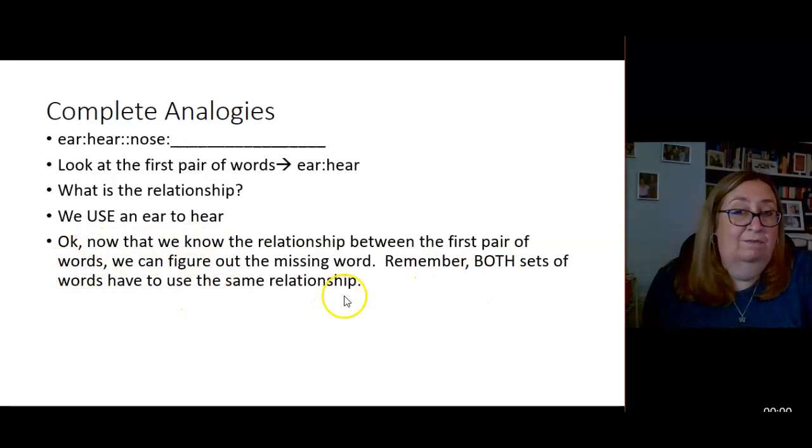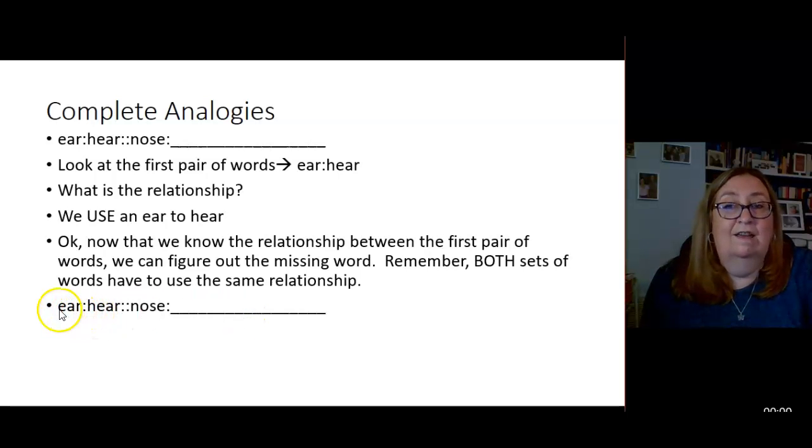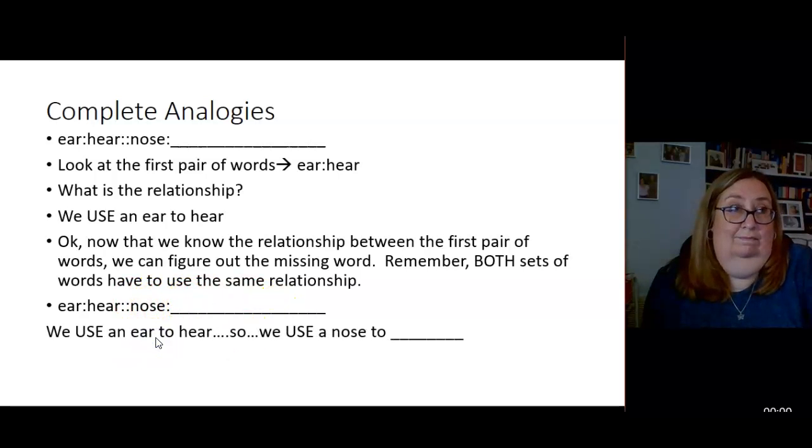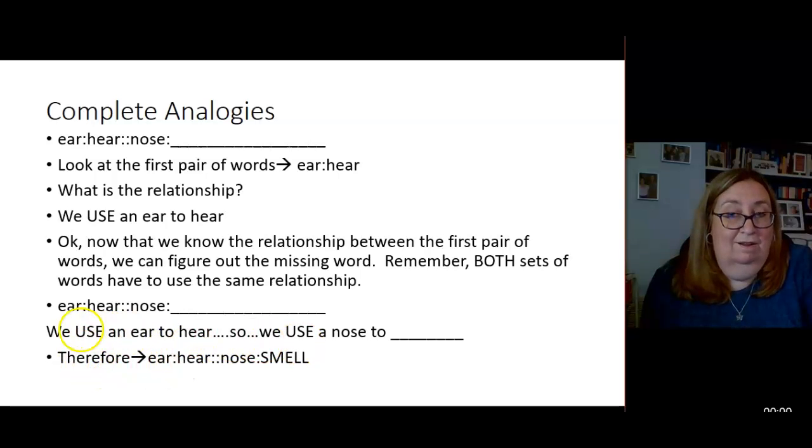Because both sets of words have to use the same relationship. Therefore, if we use an ear to hear, then we use a nose to smell. And here's how we read that. Ear is to hear as nose is to smell.